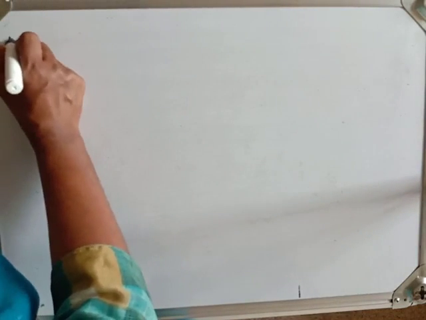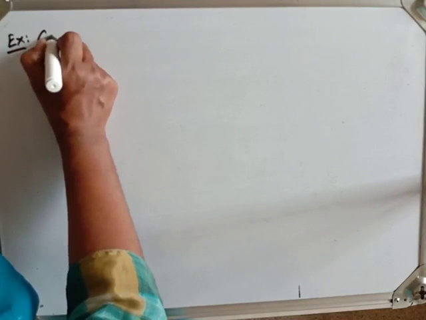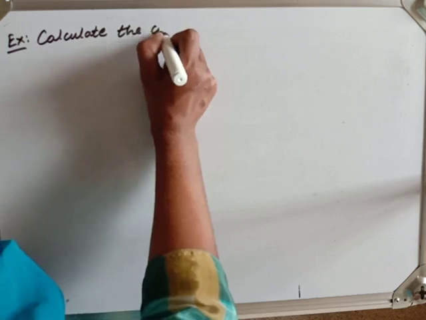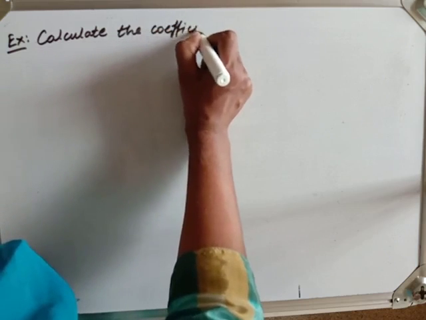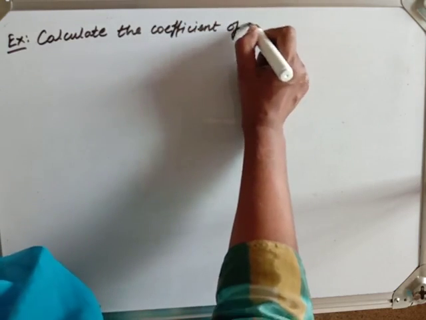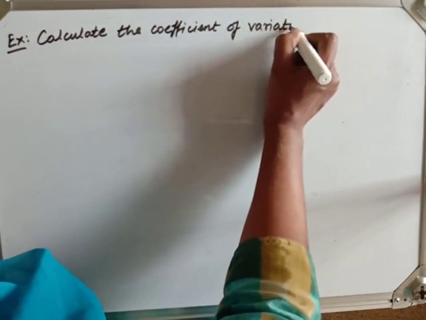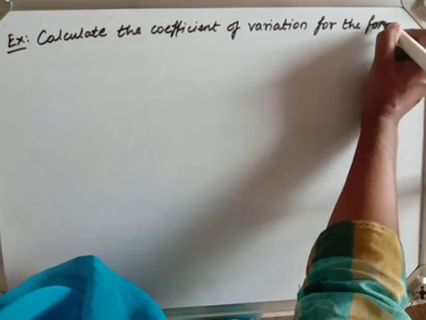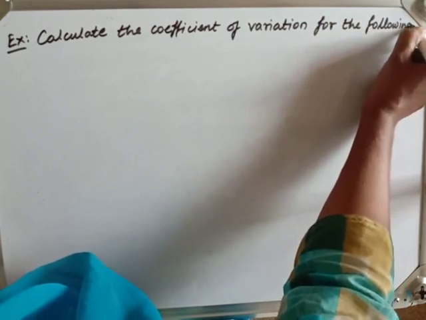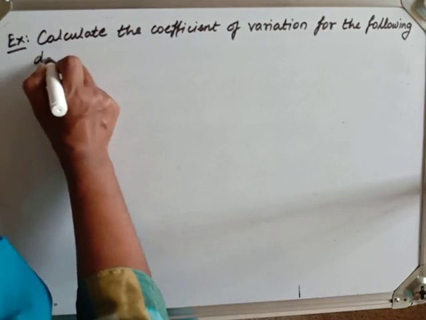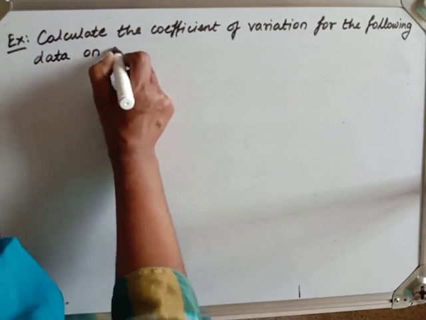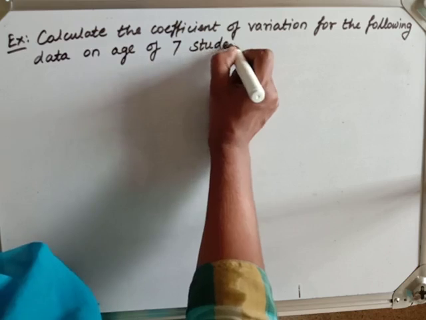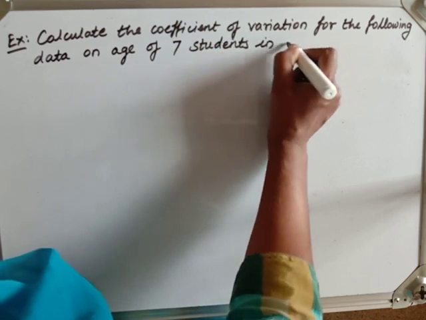Now the next example is: calculate the coefficient of variation for the following data on age of 7 students in a batch.